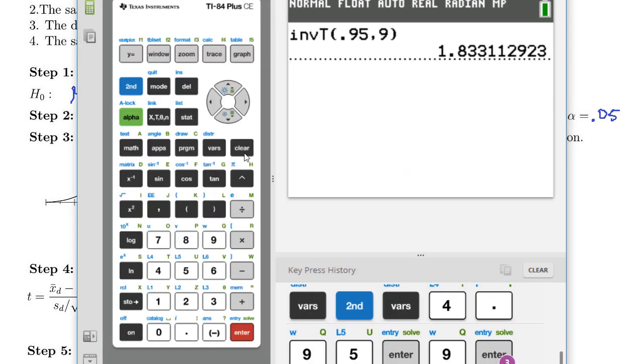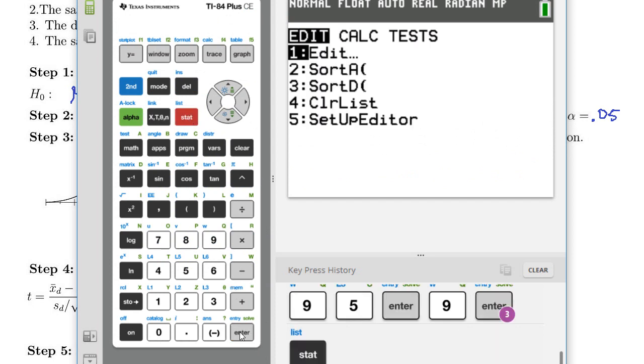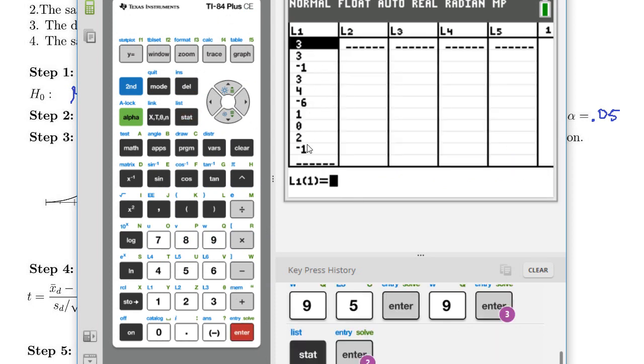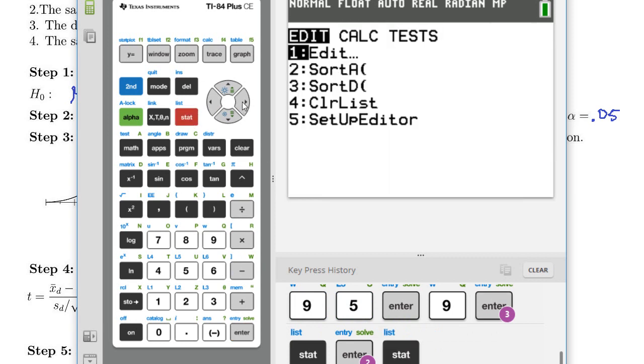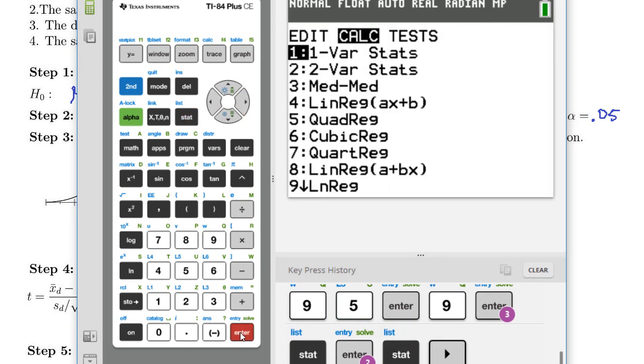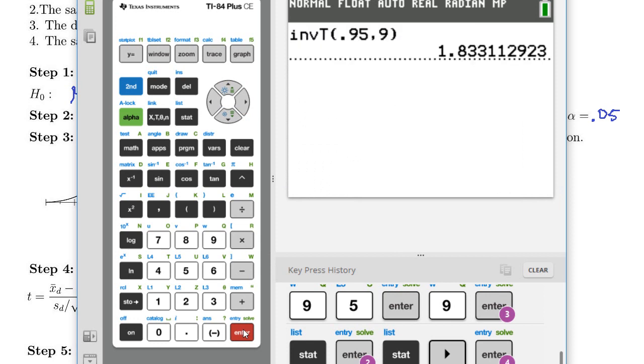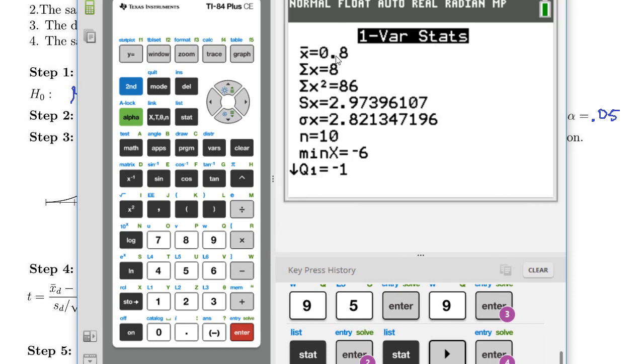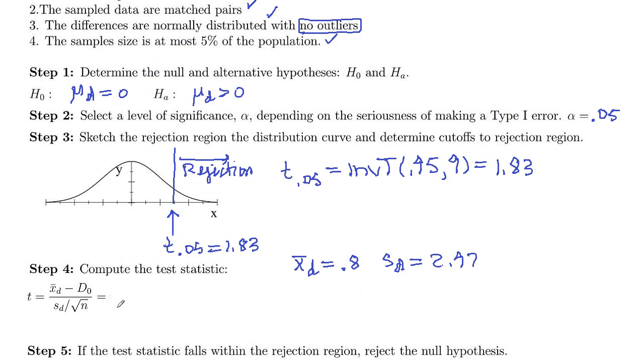All I did there was go to stat edit, did a list, entered in my differences, and then I went to stat, calc, and one variable stats. And there's my x bar and my standard deviation.